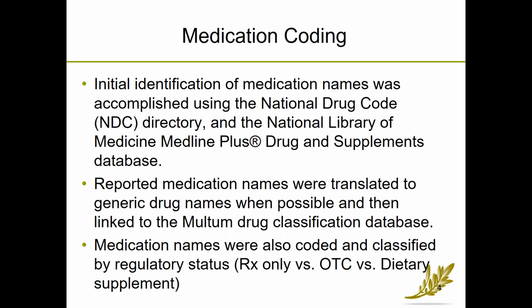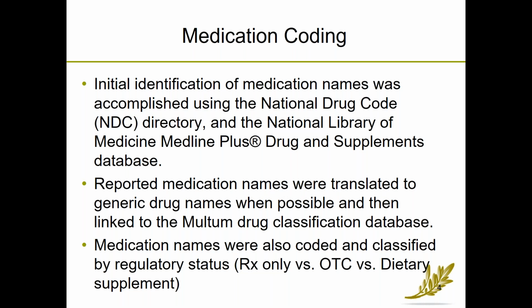So that raw medication data is then cleaned and coded. All drug entries are renamed to a generic drug name, using various public data sources, including the NDC directory and the National Library of Medicine, but also other Google searches sometimes are needed.